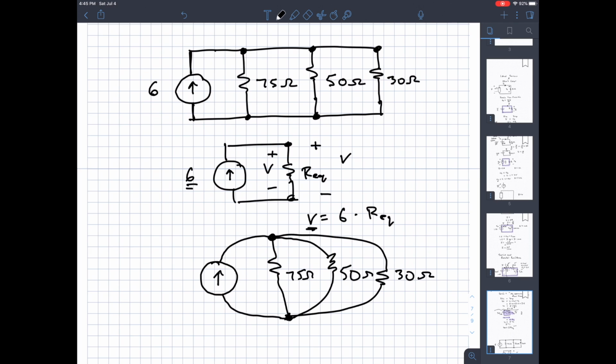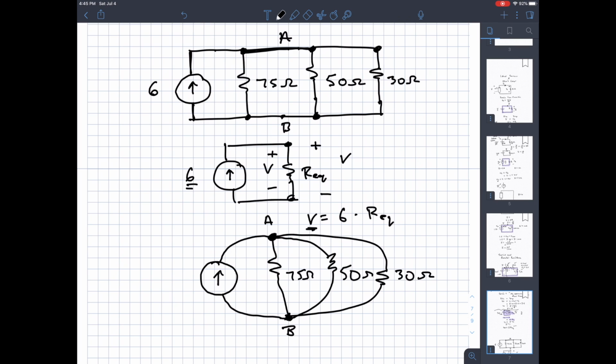We only really need 2 points to connect between. And so this would be point A on the bottom of this, point B on the bottom of the circuit, and point A on the top. If there's just wires connecting, I can shrink those wires down to a single point.